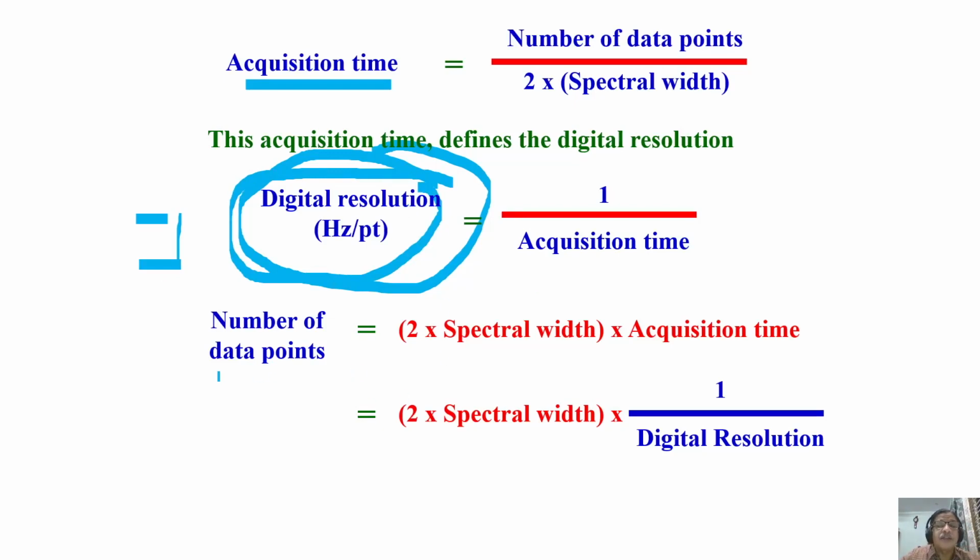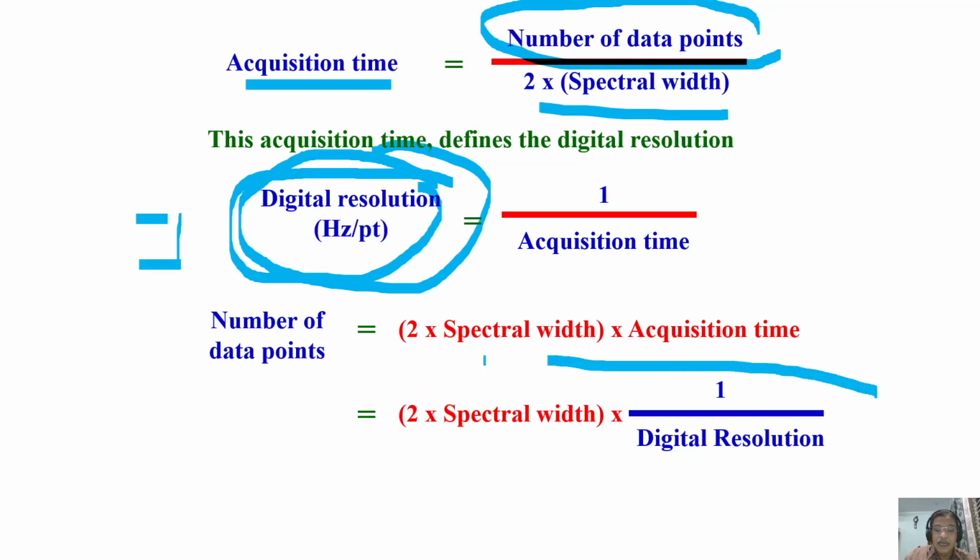So, how do you decide the number of data points? Say, manipulate this equation. If it is the number of data points, you have to decide how much you have to give. This is the acquisition time multiplied by twice the spectral width. I said acquisition time and digital resolution are inversely proportional to each other. And this is the equation.